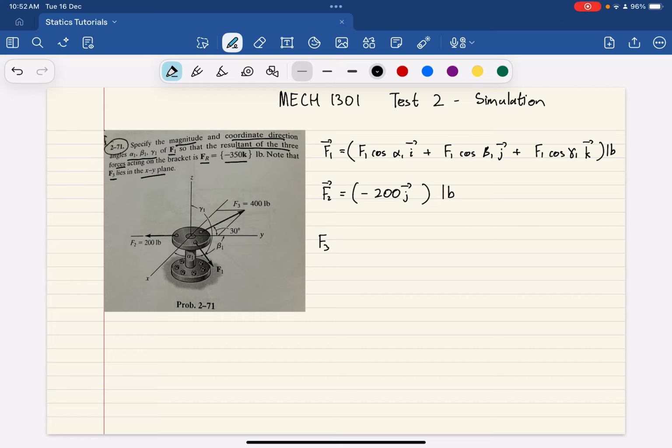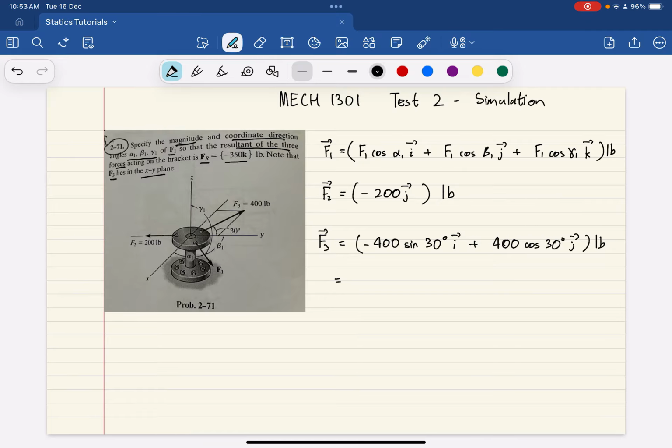And F3, quite simply, is negative 400 sine 30 i plus 400 cosine 30 j, in pounds. You can simplify this vector right away.